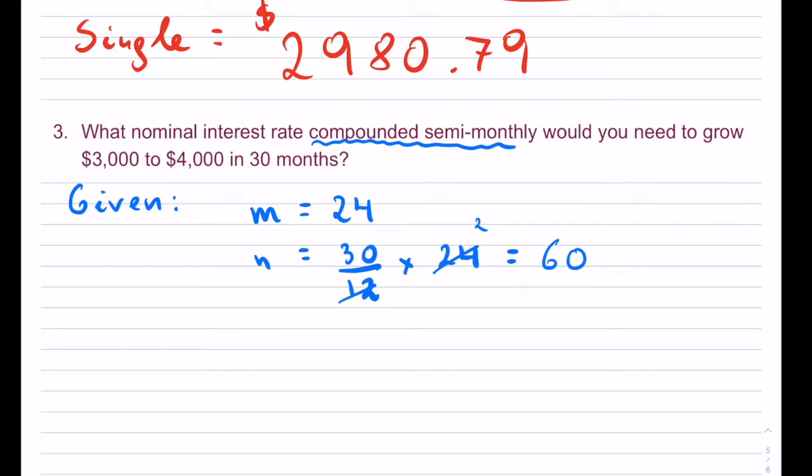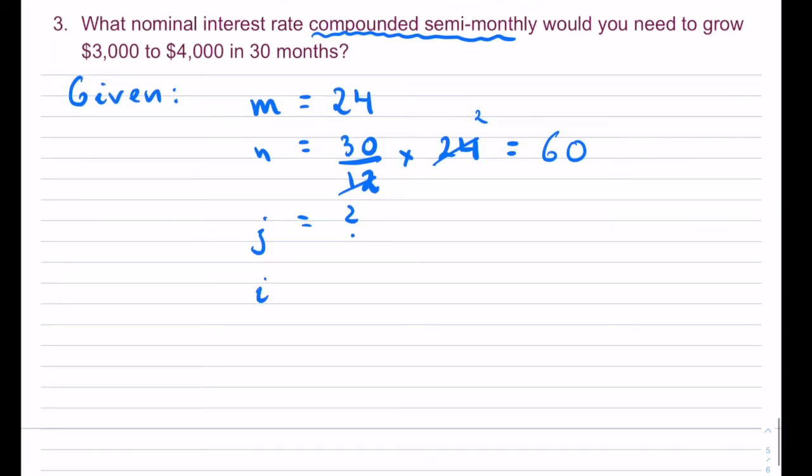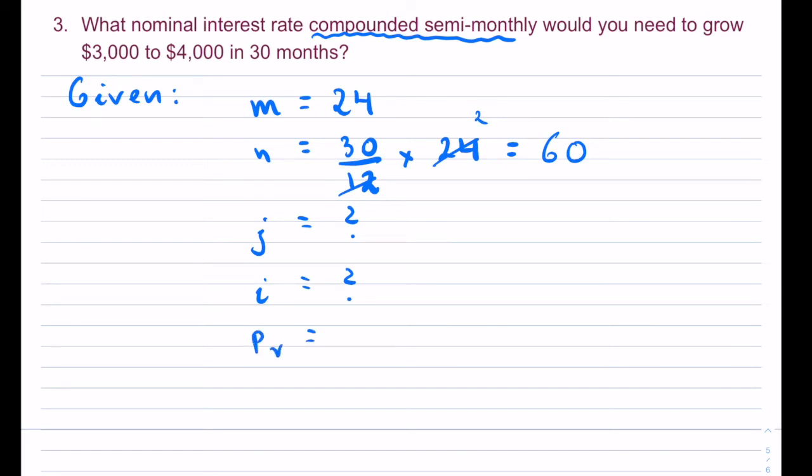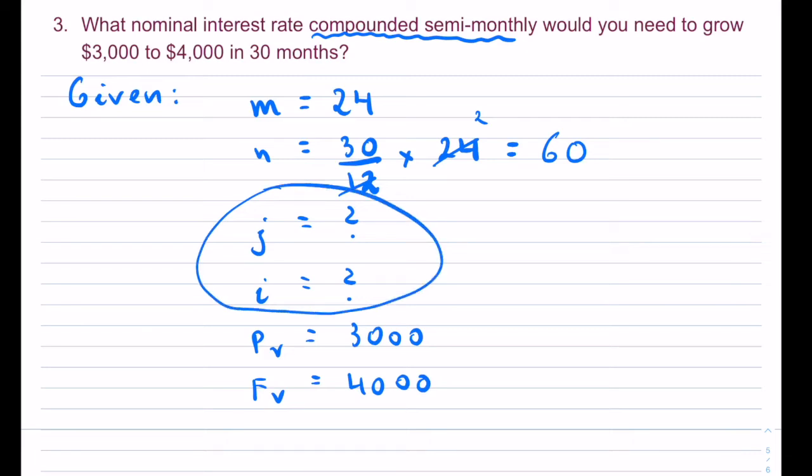Now, my nominal interest rate, J, we do not know, which means I also do not know I. But I do know my present value, which is 3,000, and my future value, which is 4,000. So these are the two things that I do not know. And this is the other component of picking off the tools.